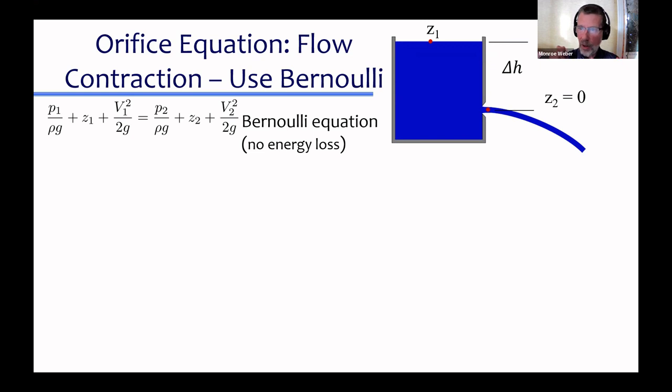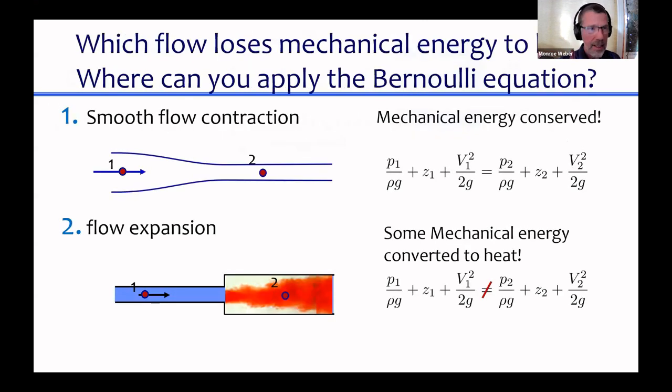Let's try this one. We'd like to understand how much water comes out of the hole in the side of a bucket or in the bottom of a bucket. So we're going to figure this out using an equation that we're going to derive, the orifice equation, but we're going to use Bernoulli because we notice that if there's a contraction of the flow, we can use the Bernoulli to track it.